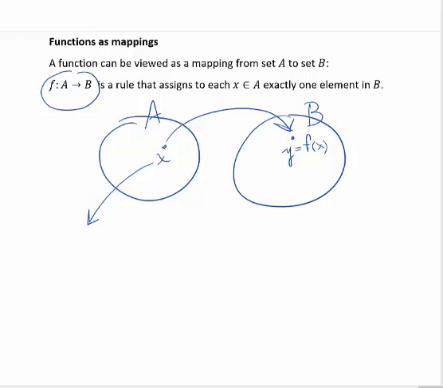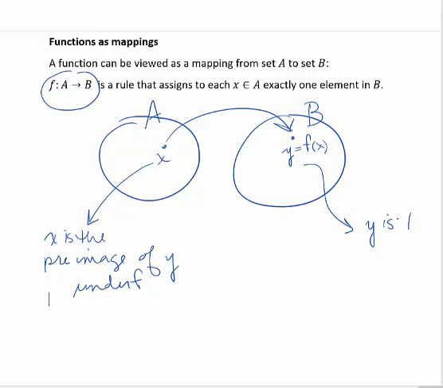X is called the pre-image of Y under F, under the function. And Y is the image of X under F.